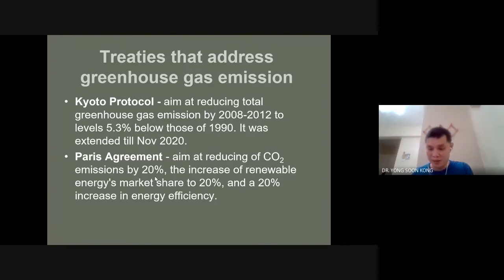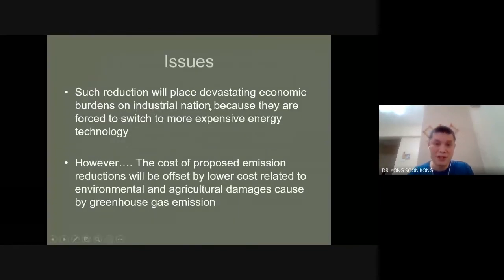But you cannot do it because this energy directly contributes to the economy, because the burning of fossil fuel is the main source of energy that contributes to the productivity of a nation. So if a nation needs to stick to it, they will have to cut their GDP. GDP means gross domestic product, and that is actually the income of a nation.